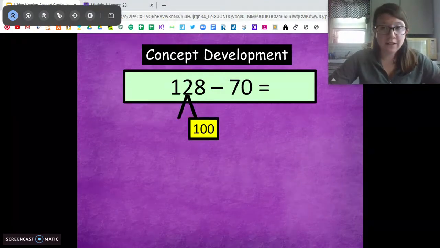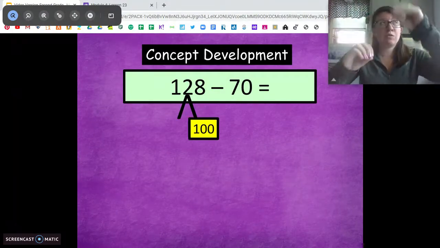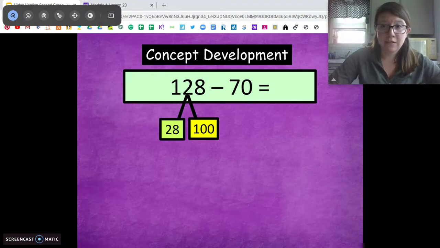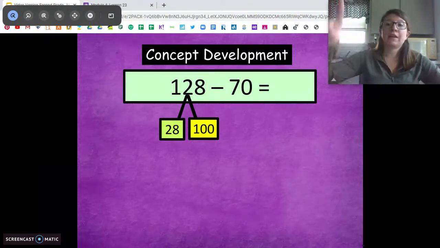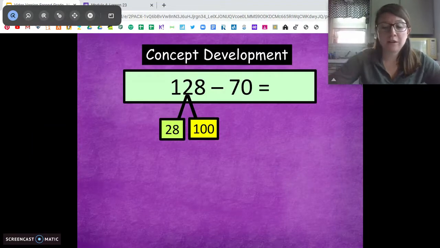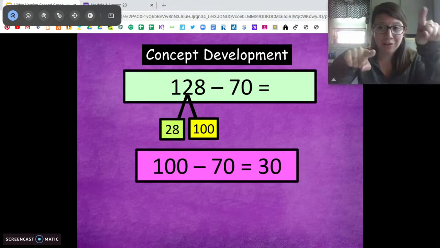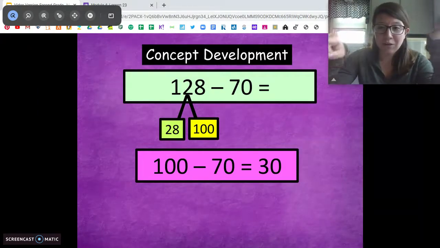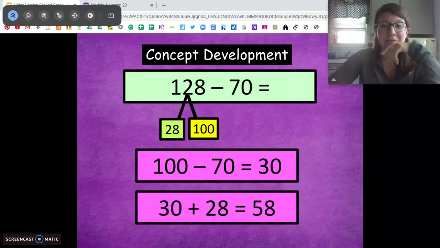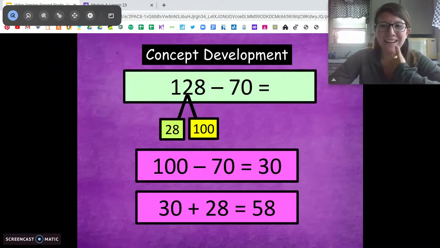So we have one part as 100, 128, so our other part's going to be 28. Now, we can't subtract 70 from 28, so we're going to subtract 70 from 100. 100 minus 70 is 30. Now we're going to add our 30 plus our extra ones. 30 plus 28 gives us 58. Thumbs up if you got it.